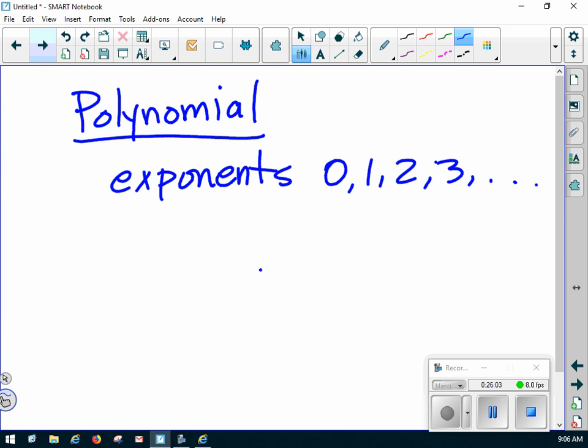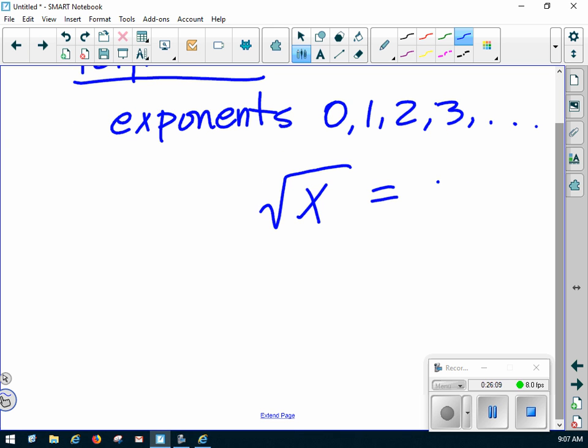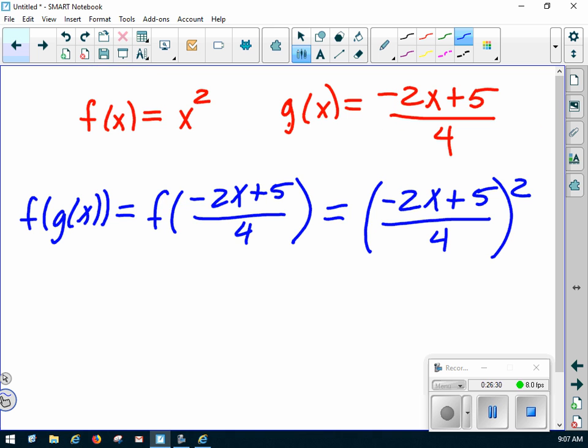Now you say, well, this didn't have a domain of all real numbers. No, it didn't. Do you remember how we rewrote that with an exponent? Is 1/2 one of those numbers? No, it's not. That's why it has a different domain. What's the domain of this thing?